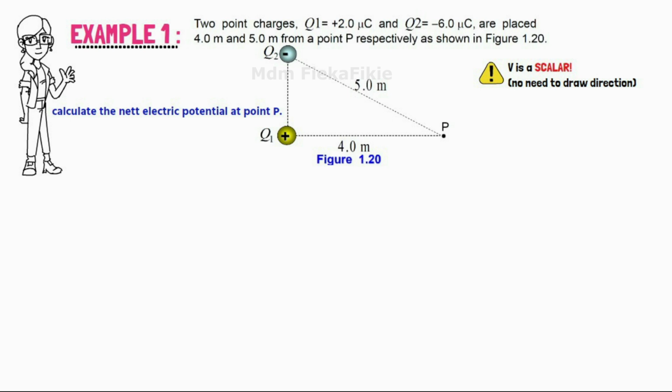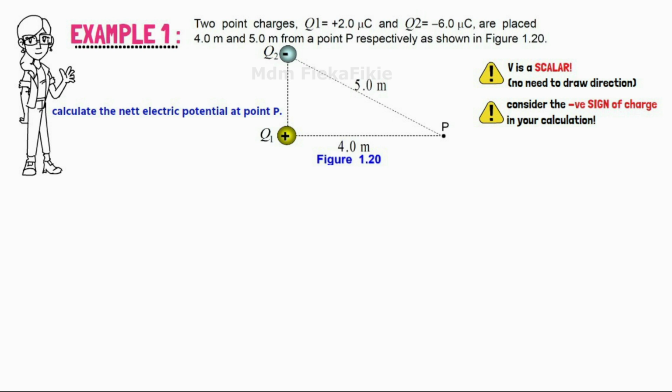First step, you perlu lukis direction at point P. Disebabkan V is a scalar quantity, please, no need to draw direction at point P. Tetapi, perkara kedua yang you perlu ingat untuk electric potential, bezanya dengan electric field dan electric force, dalam calculation awak, sekiranya ada point charge yang negatif, you must consider the negative sign of charge in your calculation. Boleh? Okay, kalau boleh, jom kita kira net electric potential at point P.